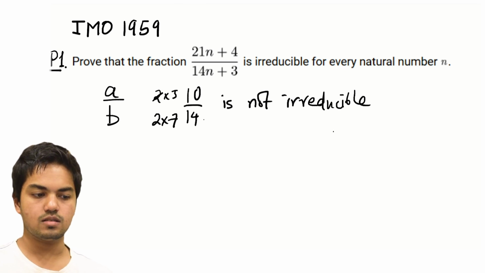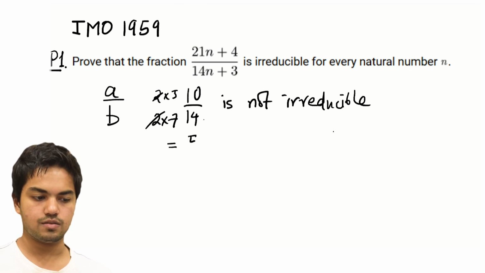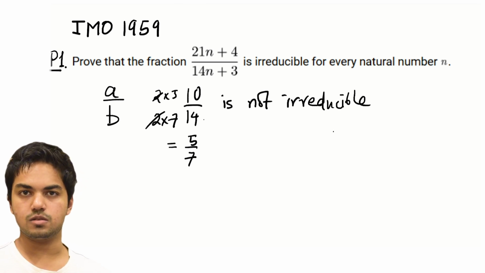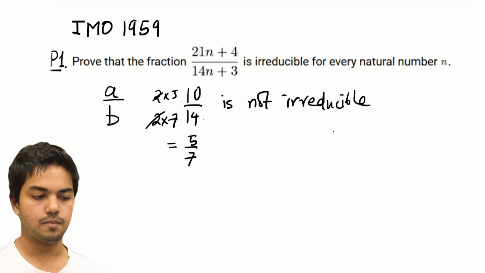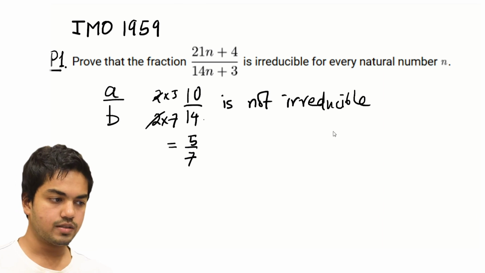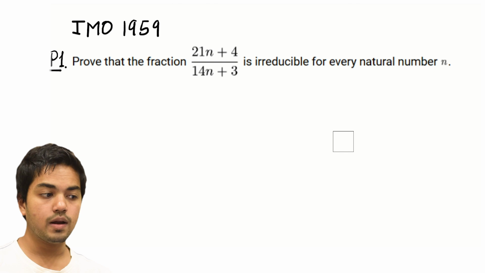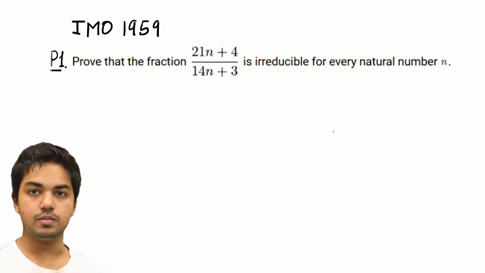So we can cancel this 2 out from the numerator and denominator to get that 10/14 is 5/7. This is what it means for a fraction to be irreducible. It means that the numerator and the denominator share no common factors. So what does the question say? It's saying that no matter what n you choose, this fraction is going to be irreducible.